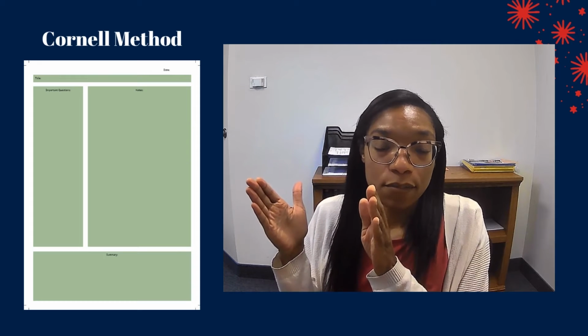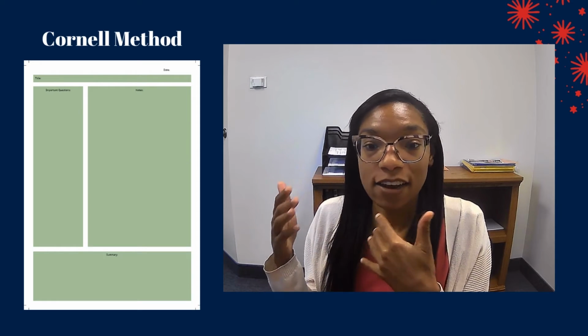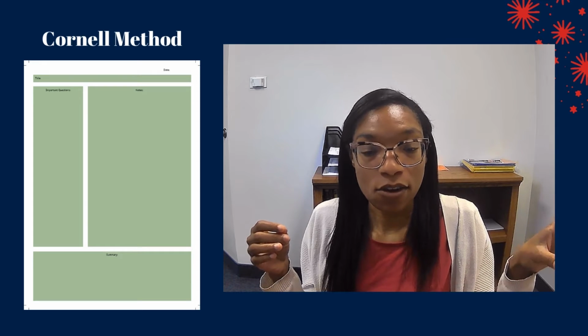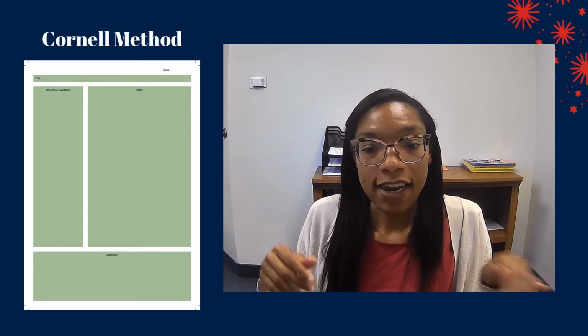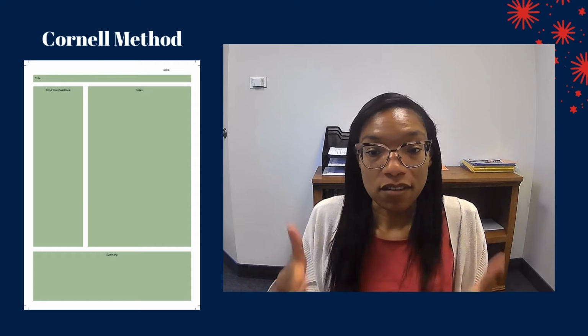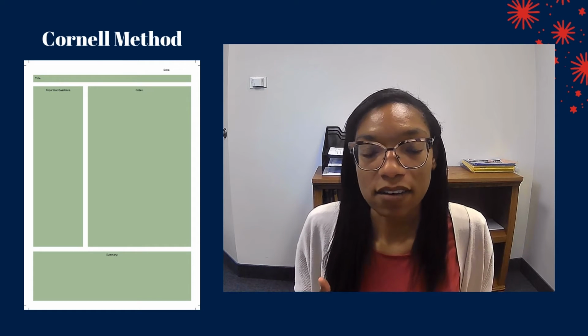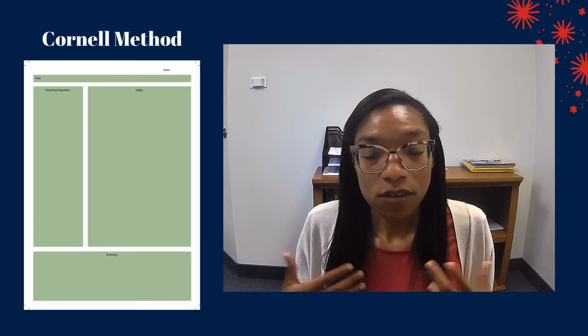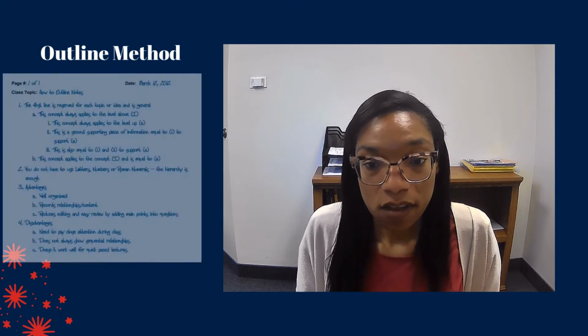On the right side of the paper is the note section, so you're writing down important notes that correspond with any of the questions on the left side or headers. And then at the bottom is a summary where you summarize whatever content you wrote down in your note section. Typically, that's a more sophisticated way of taking notes.